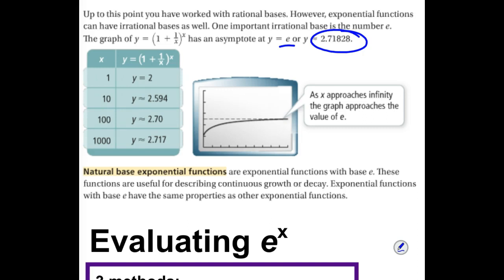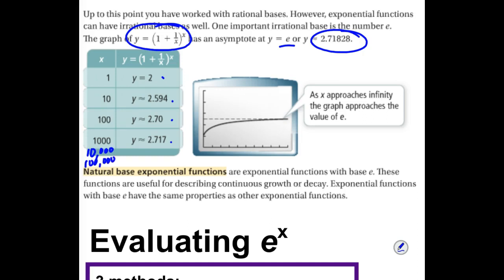Okay? The number comes from this. If we were to graph this or look at a table of values, as our x value gets bigger and bigger, so as we head towards infinity, you can see that the y values are getting closer and closer to that 2.718. And if we kept going, so 10,000, 100,000, right?